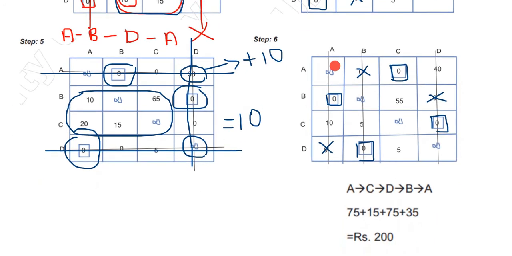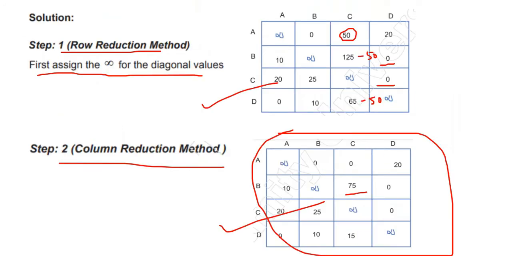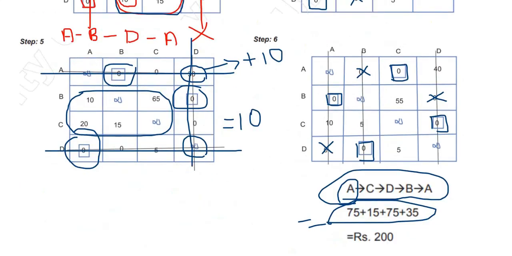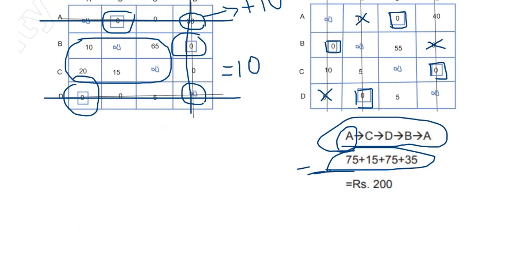Now, if it is traversing to all the other cities, A is traversing to C, C is traversing to D, D is traversing to B, and B is coming back to A, which means we are traveling every city in the shortest path possible and coming back to A. See, A to C, C to D, D to B, and B to A. So when we add those digits from the previous slides, we get 75 plus 75 plus 35, which is nothing but 200.